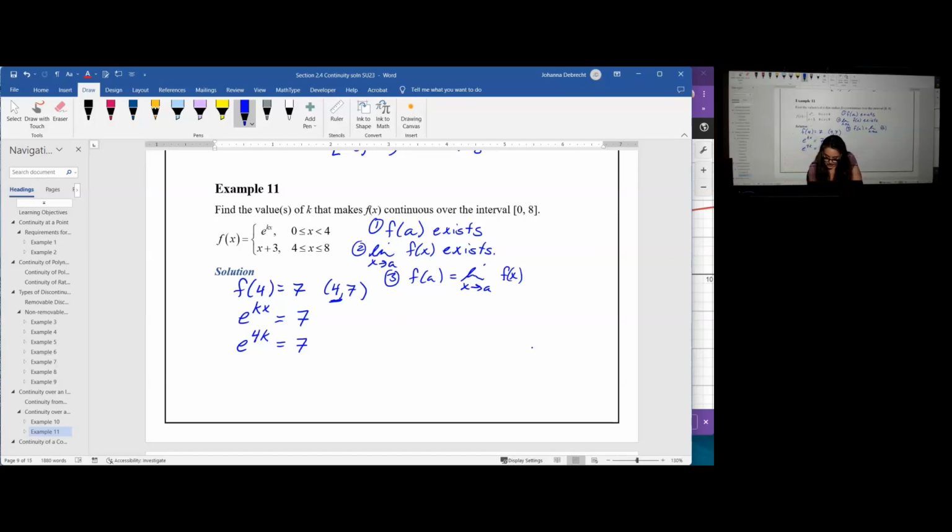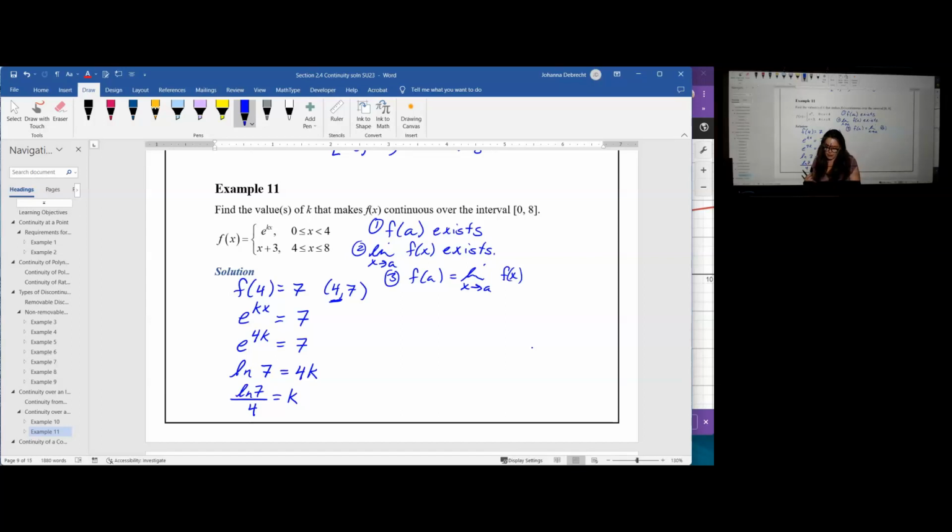The base is e, so I'll use natural log of the answer part, 7, equals the power 4k. That tells me that k needs to be the natural log of 7, all divided by 4, not the natural log of 7/4. The 4 is outside the natural log and happens after it.